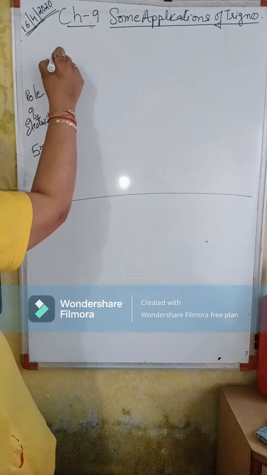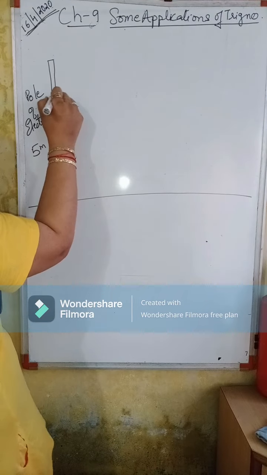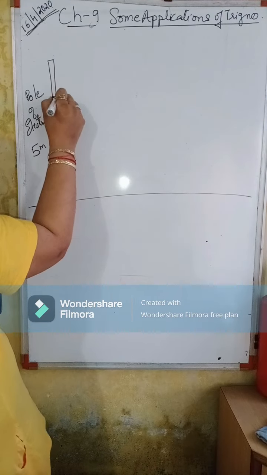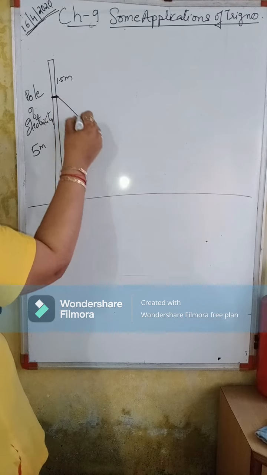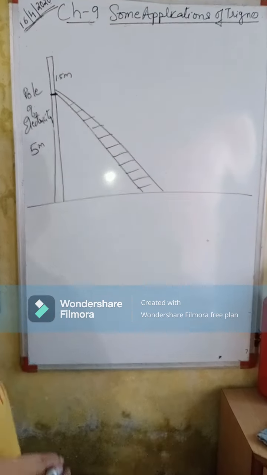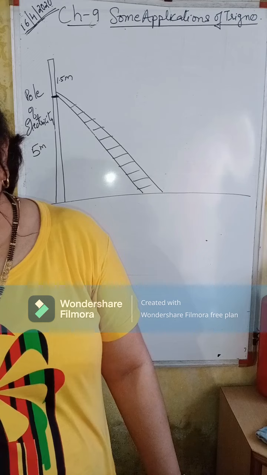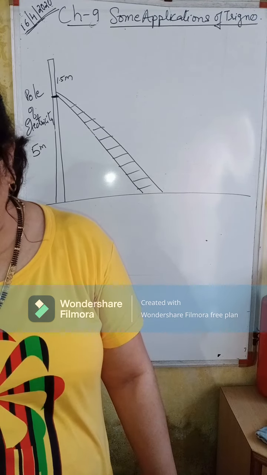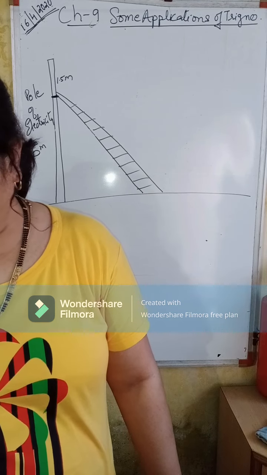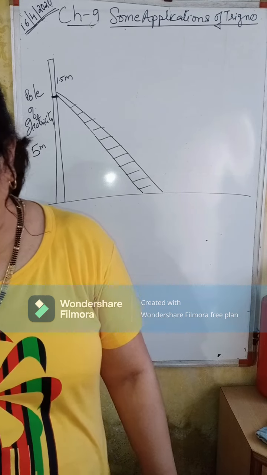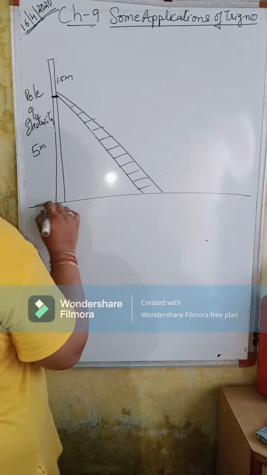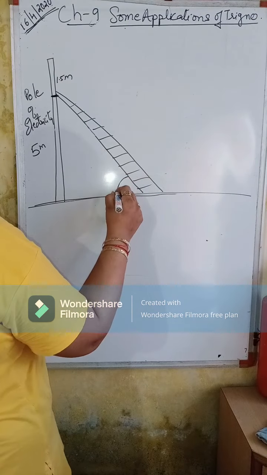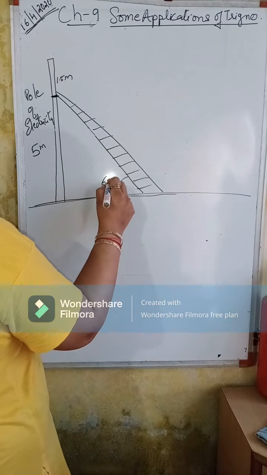From the top, this is top and from here to here she has to reach to do the work, and this is 1.5 meter down, this much here, and here will be the ladder to do repairing work. Further question, what should be the length of the ladder that she should use, which when inclined to an angle of 60 degree to the horizontal would, our horizontal is this, the ground is the horizontal, and the ladder is having 60 degree angle of elevation with the horizontal line.